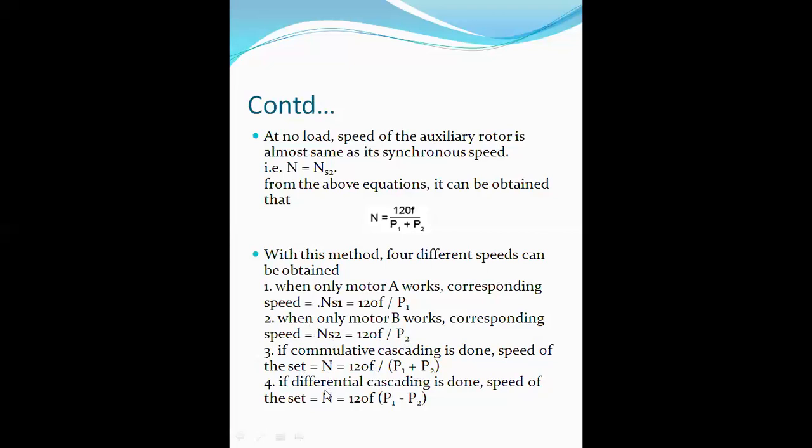If differential cascading is done, then the speed of the set is N equal to 120 F by (P1 minus P2).